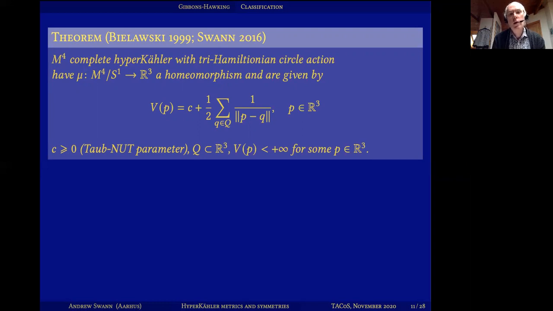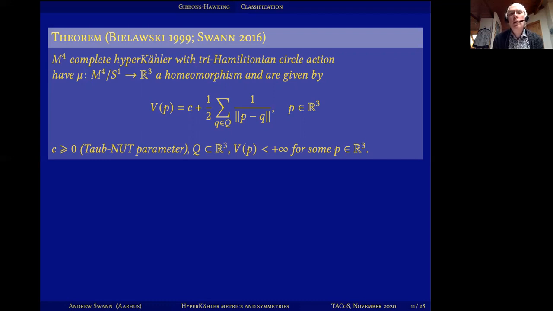So there's an additive constant which has to be positive or 0. And then there are a sum of terms corresponding to the fixed points of the circle action, given by 1 over the norm of the distance from the images of the fixed points. So the set Q here is a subset of R3. It's just the images under mu of the fixed points in M4.